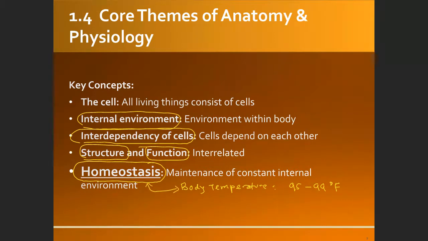Another example is blood pressure. Normal blood pressure is around 116 to 120 systole, and diastole maybe around 75 to 80. Usually written, the average is 120 over 80 blood pressure, systole and diastole. So this is the homeostasis for blood pressure, and it has to be maintained.